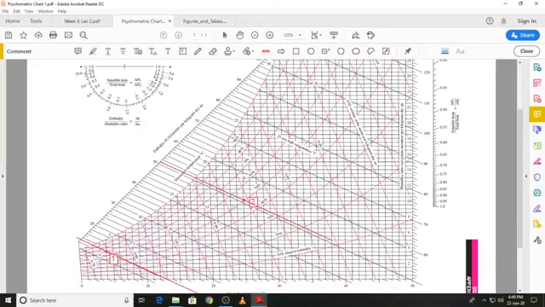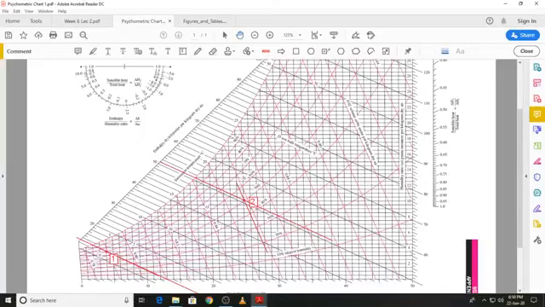The specific volume will be found from a constant specific volume line which has a value of 0.86, and this is 0.85, this line over here.